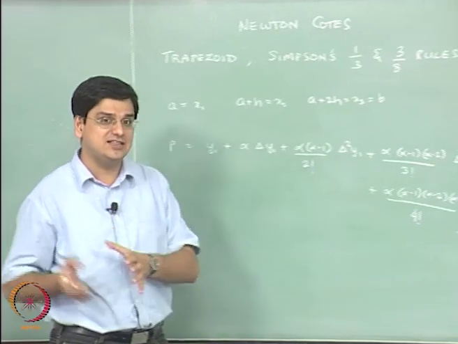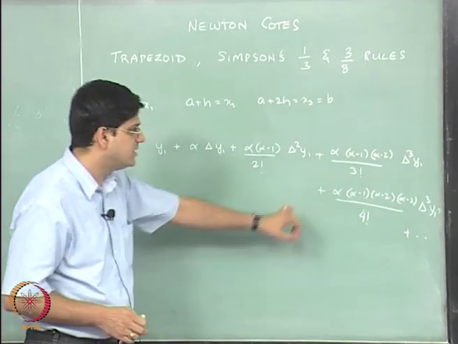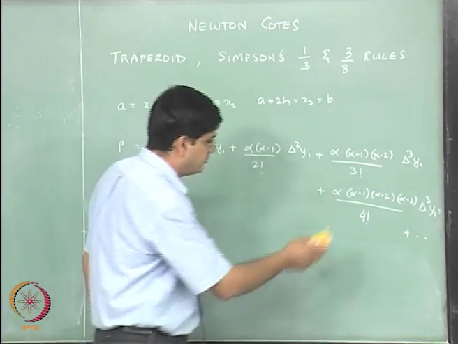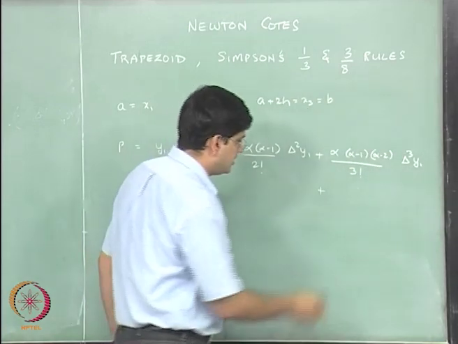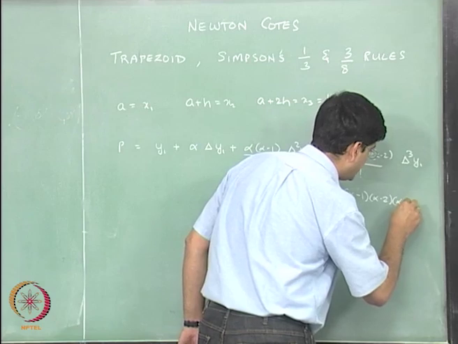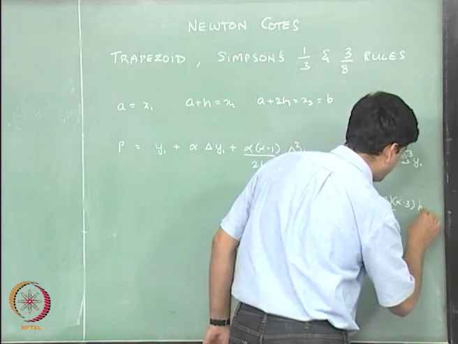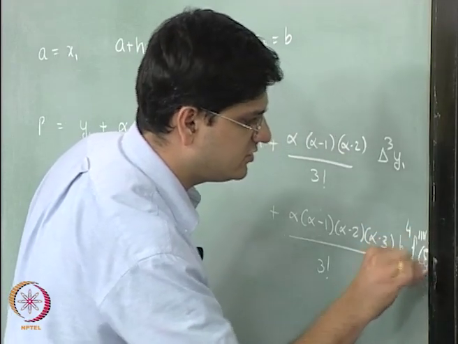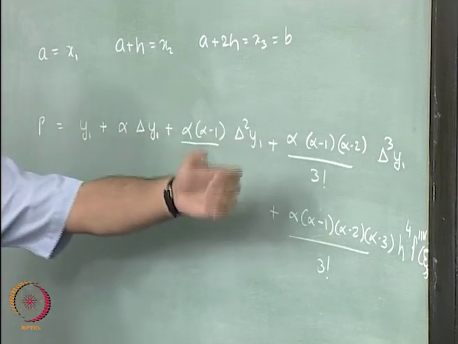Because people have done this derivation and we know what to expect, that is why I am going to retain this particular term and replace this term with the mean value theorem, and that term when we replace it with the mean value theorem is going to be alpha, alpha minus 1, alpha minus 2, alpha minus 3 by 3 factorial multiplied by h to the power 4 f4 dash of zeta, where zeta is some point that lies between a and a plus 4h.